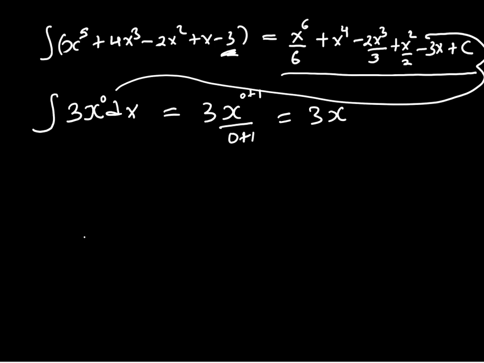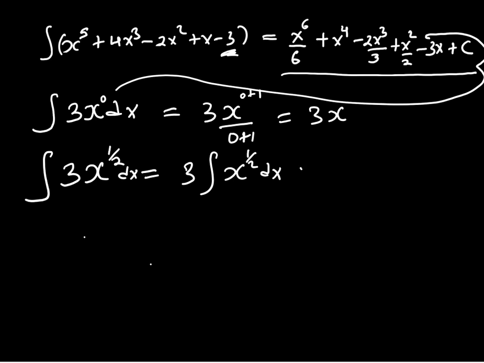You have to understand, okay? When it is a constant, if I was given something like 3x to the power of a half, the 3 here is not affected, because this will be looked at as dx, of course. This will be looked at as 3 times the integral of x to the power half dx, okay? And this will be 3 times 2 over 3 of x to the power 3 over 2, okay?